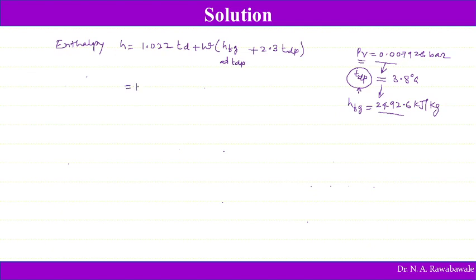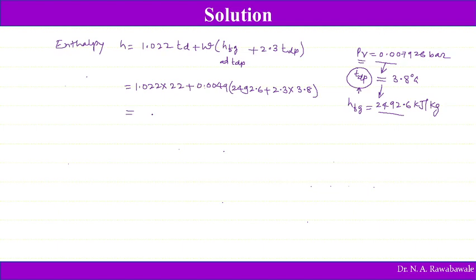So now H is equal to 1.022 into dry bulb temperature 22, plus omega, that is 0.0049, in bracket HFG is 2492.6 plus 2.3 into dew point temperature, which we obtained as 3.8 degrees Celsius.